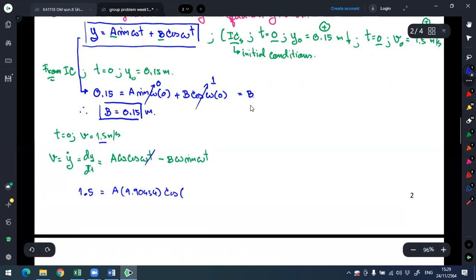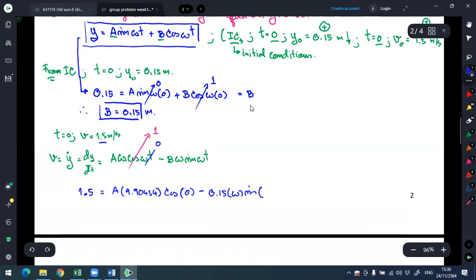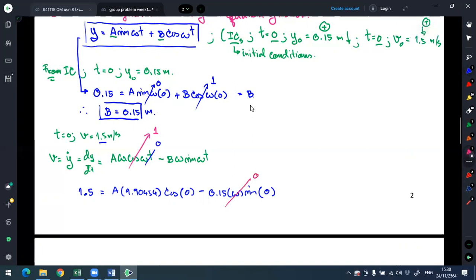Substituting t equal to 0, it's cosine 0, which is 1, and minus b, which we know is 0.15, times omega, times sine omega t, which is sine 0. So this term is 0.